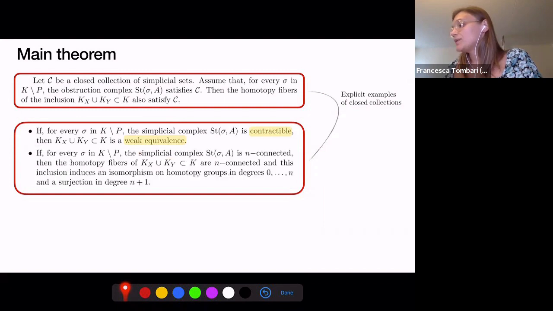Another example is this one. If every sigma in K minus P has an n-connected obstruction complex, then the homotopy fibers of the inclusion are also n-connected. What does that mean? That this inclusion induces an isomorphism on homotopy groups in degree up to n and a surjection in degree n plus 1.